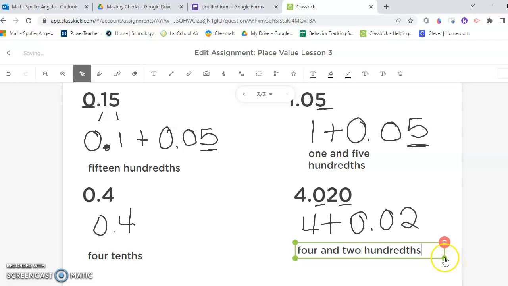And you're all going to say, but Mrs. Oakley, this 0 ends in the thousandths. When there's a 0 behind a number, not in front of a number, we could drop it. So we could also say this is 4 and 20 thousandths. Either one would be appropriate.